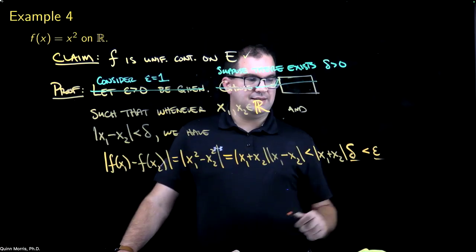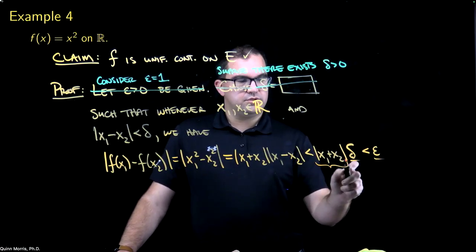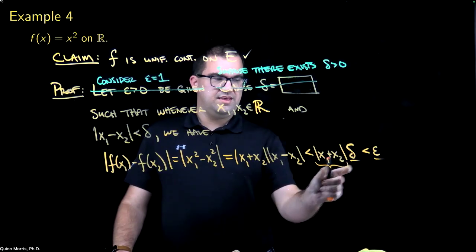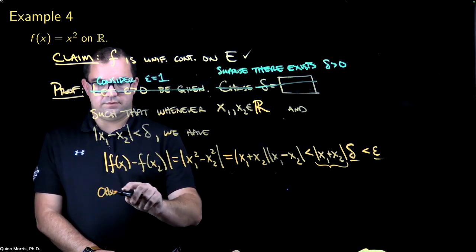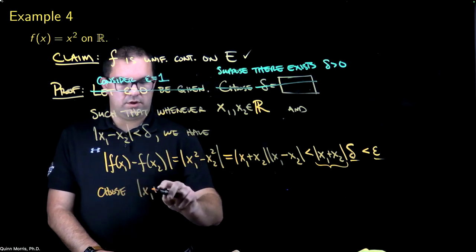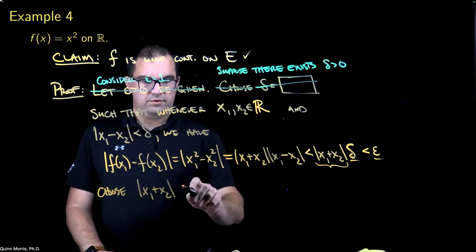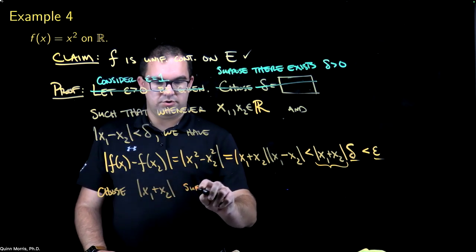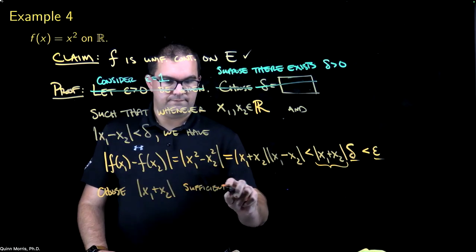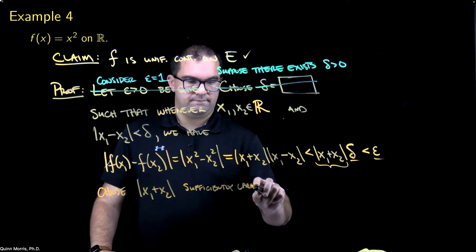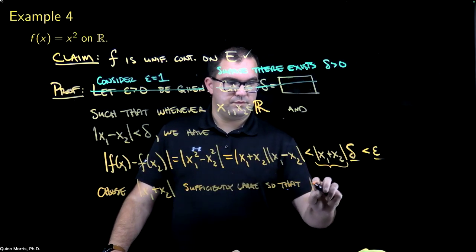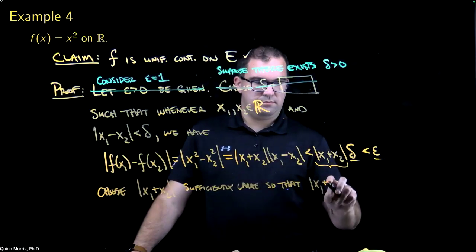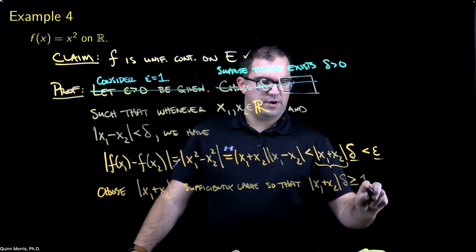If epsilon and delta are fixed, I can choose x1 plus x2 sufficiently large so that this x1 plus x2 times delta is greater than or equal to 1.